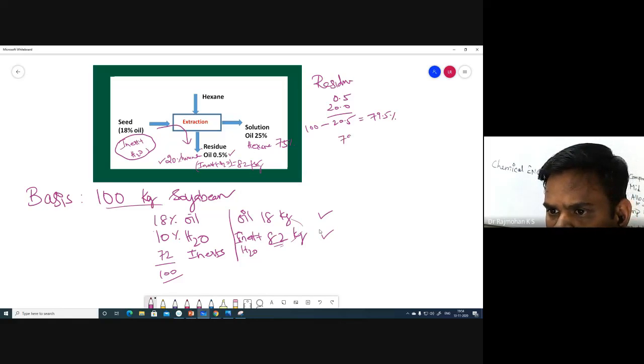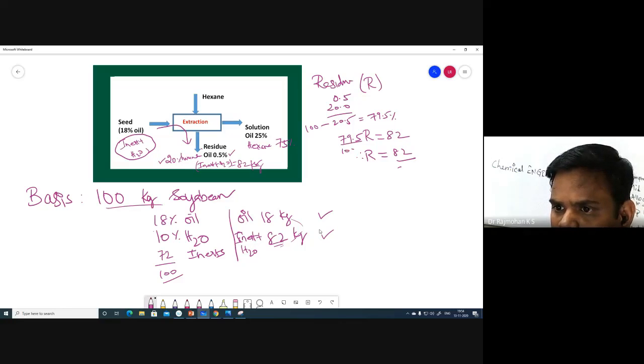Let the residue be R. 79.5 percentage of R is equal to 82. Therefore, R is equal to 82 divided by 79.5 percentage, that is 79.5 by 100, right?